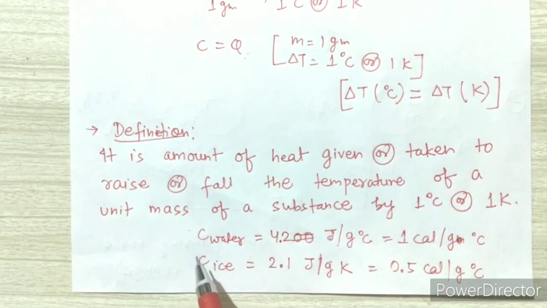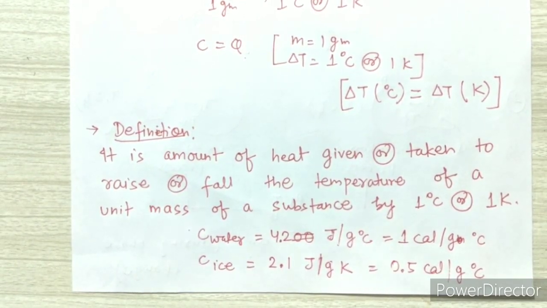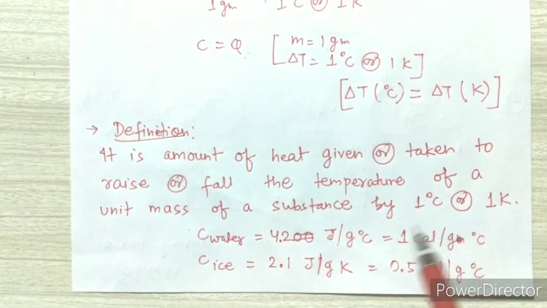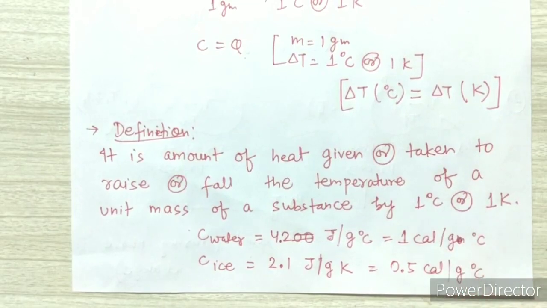Now the specific heat of water is 4.2 joule per gram per degree Celsius, or 1 calorie per gram per degree Celsius, and the specific heat of ice is 2.1 joule per gram per Kelvin, or 0.5 calorie per gram per degree Celsius. Do not get confused with the unit of c.